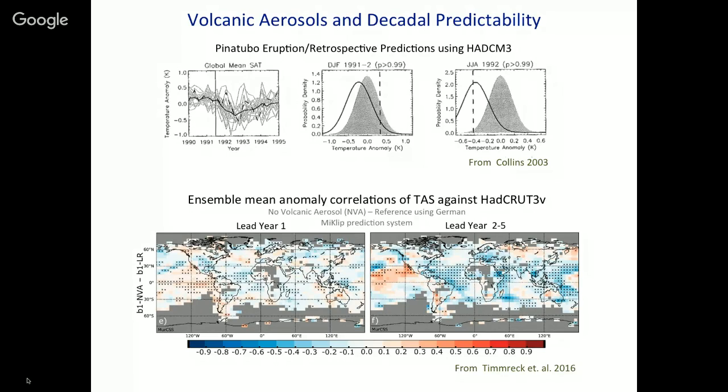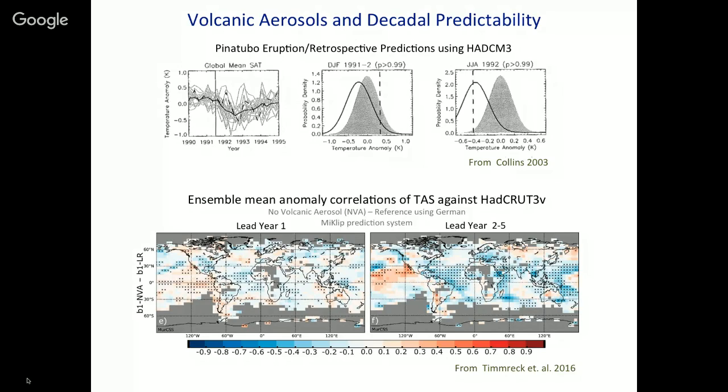Again, these are hindcasts. What you're seeing here is a correlation between the ensemble mean surface air temperature predicted by the model versus the observation. Essentially, the cooler color means a decrease in prediction skill, and the warmer color means an increase in prediction skill.